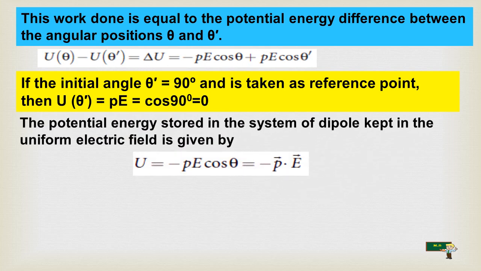The potential energy stored in the system of a dipole kept in the uniform electric field is given by U equal to minus P E cos theta, or minus P dot E. For theta equal to 0 degrees, already you know cos 0 is equal to 1.